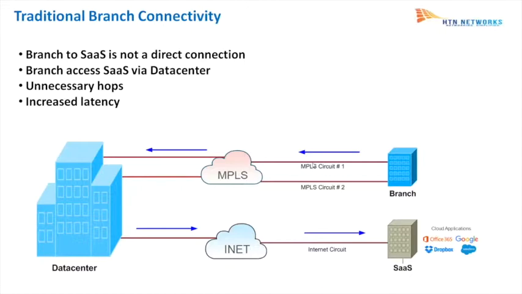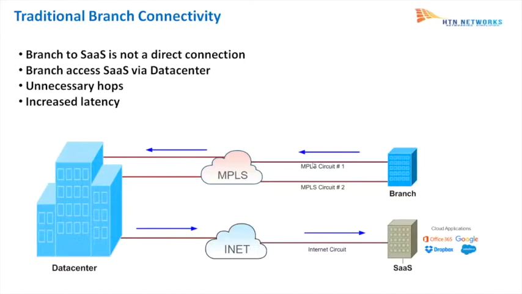If the branch office wants to access those applications in the cloud, they have to go all the way to the data center, and then from the data center, they have to use the internet circuit going to the SaaS cloud. So it's additional and unnecessary hops, and it increases the latency.